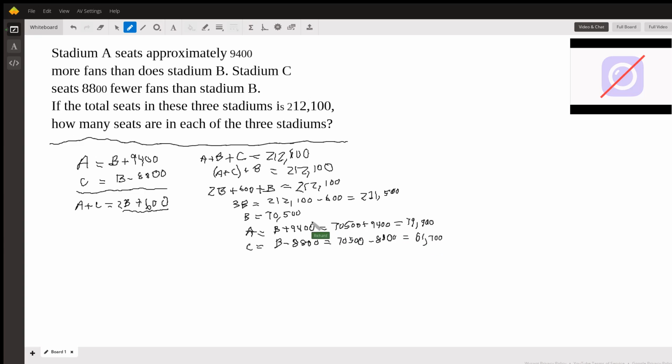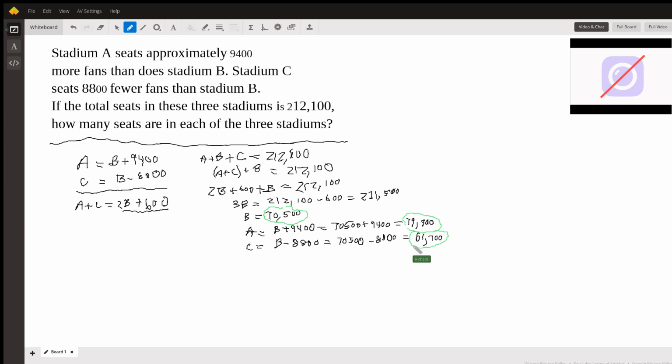So that's our answer. Let me change colors. That's our answer for B, that's our answer for A, and that's our answer for C.